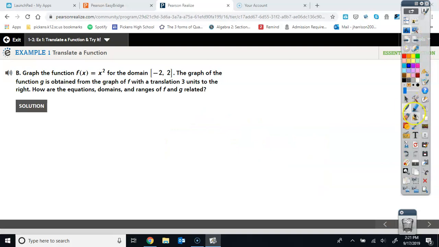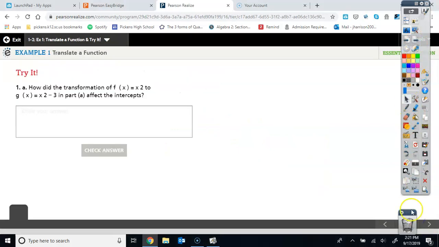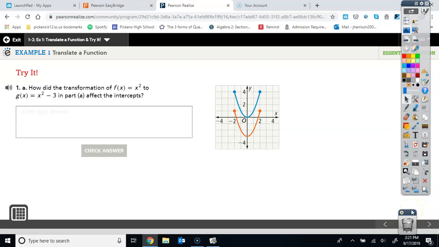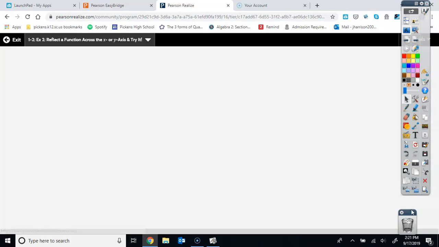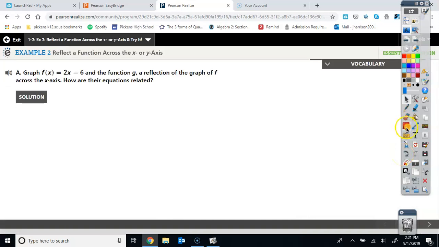So last time in class, we also talked about taking a graph and reflecting it across the x-axis and reflecting it across the y-axis.